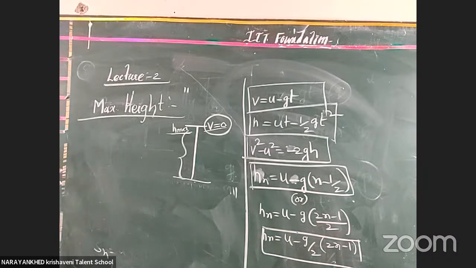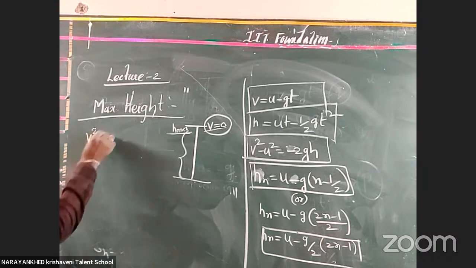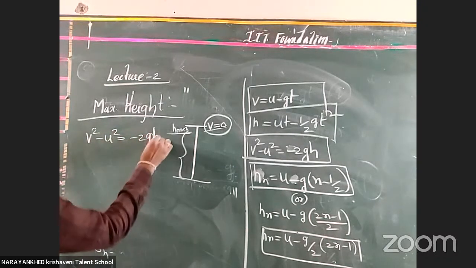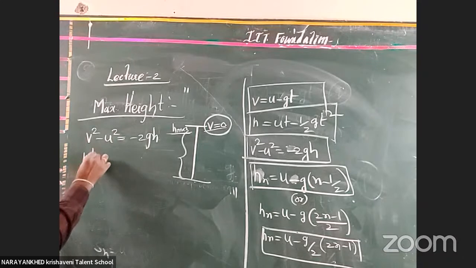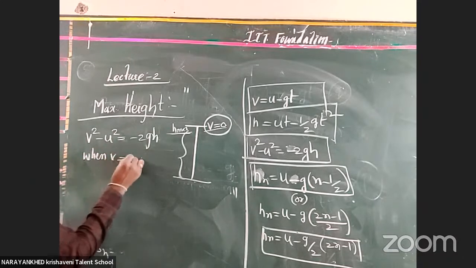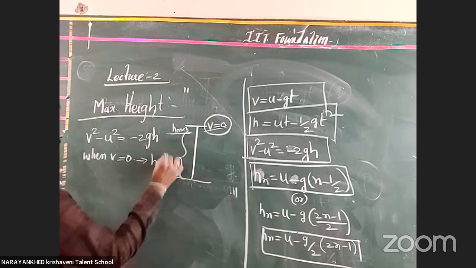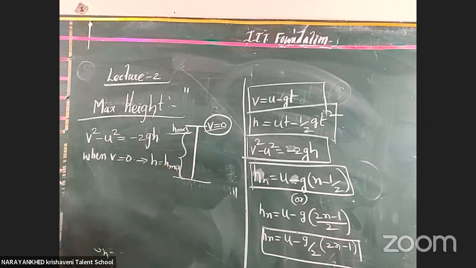Yes, you have to take one formula: v square minus u square is equal to minus 2gh. When v is equal to 0, h becomes what? H max. Clear or not? The final velocity is 0, h becomes h max.